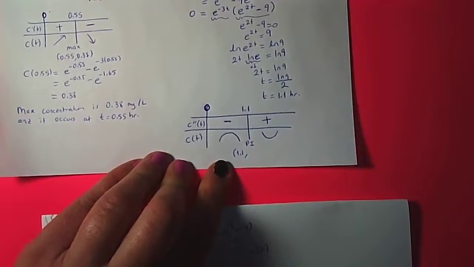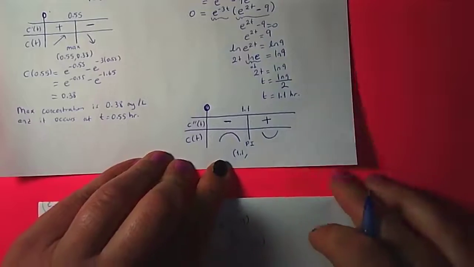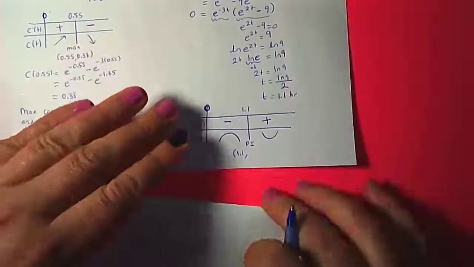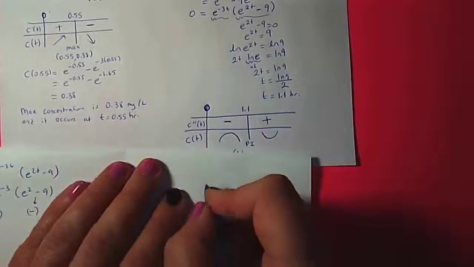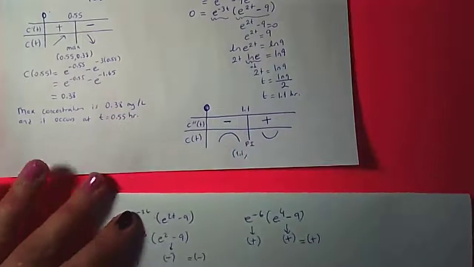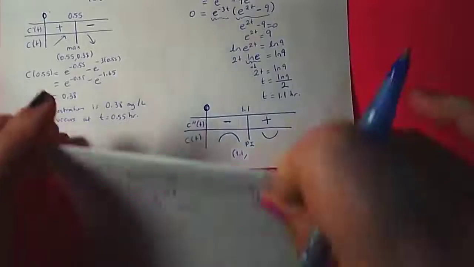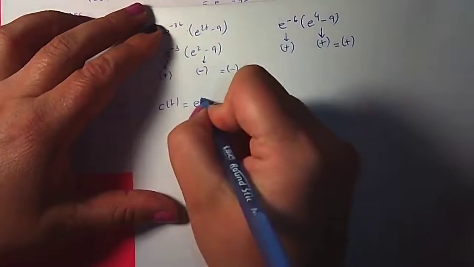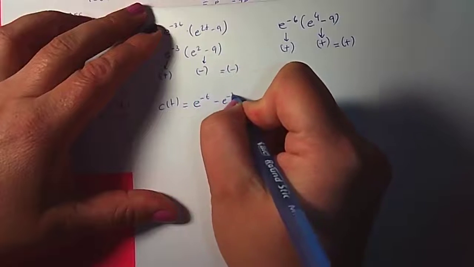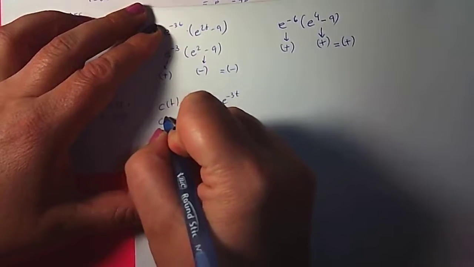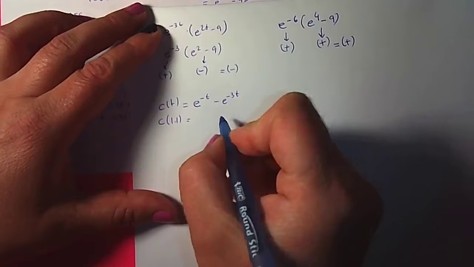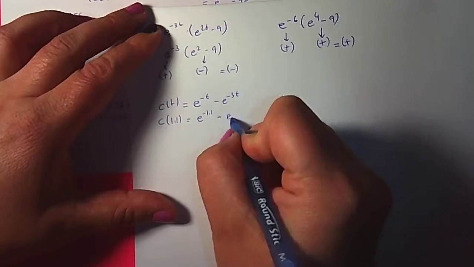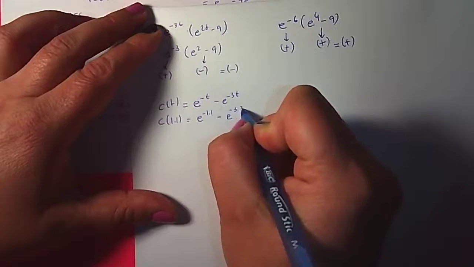Let's find the y-coordinate of the point of inflection. We need to substitute 1.1 in the original equation. The original equation is c of t equals e to the power of negative t minus e to the power of negative 3t. So we sub 1.1 here. We get e to the power of negative 1.1 minus e to the power of negative 3.3.